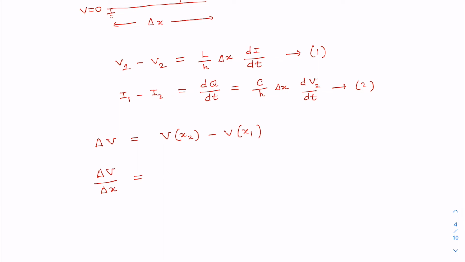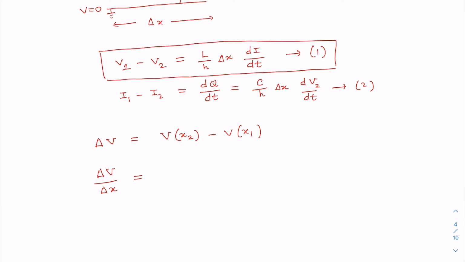So from equation number 1, I can write it with a minus, because I have taken V(x2) minus V(x1), unlike here where it is V1 minus V2, so the sign would change. I hope you are getting the idea, L per unit length. Delta x I am taking to the other side, so it will have L per unit length times dI1/dt.